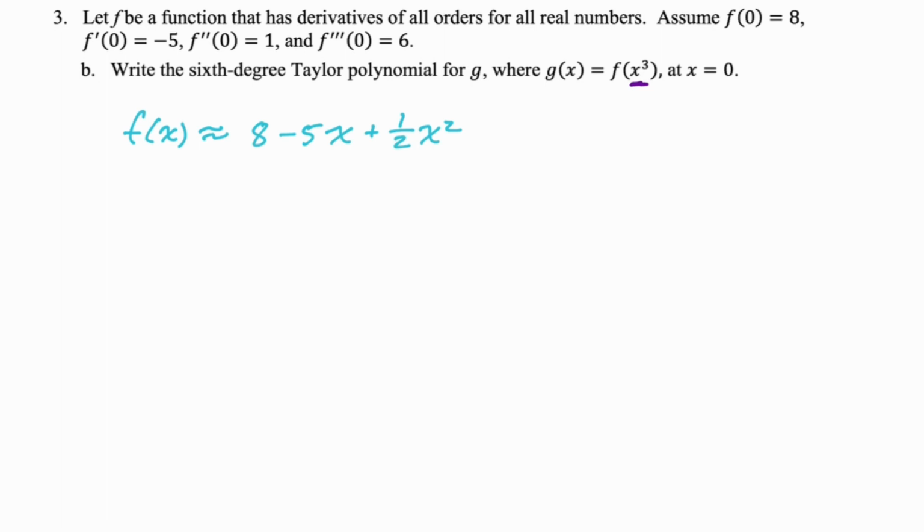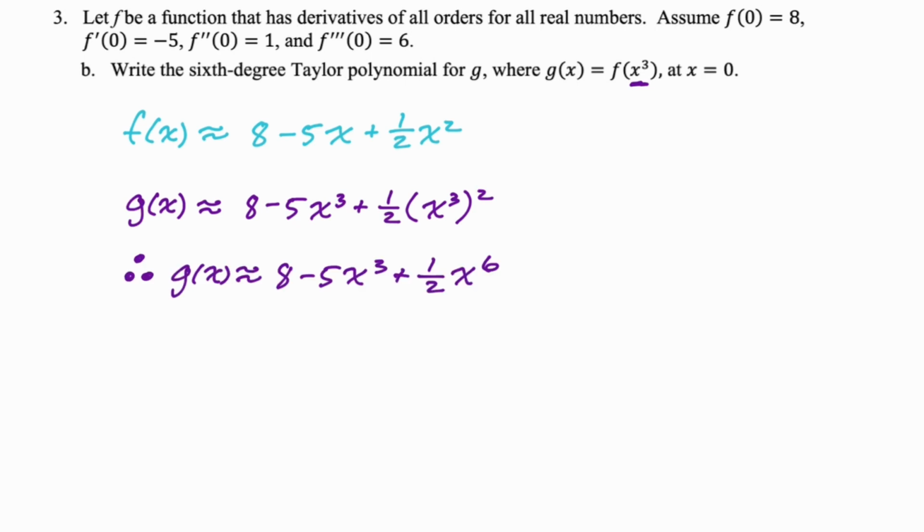So g of x: just replace every x in f of x with x cubed. So it'll be 8 minus 5x cubed plus 1/2, and then the quantity x cubed squared. And then we can simplify this to 8 minus 5x cubed plus 1/2 x to the 6th.